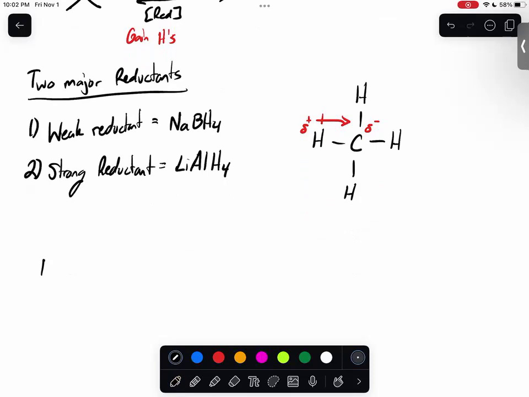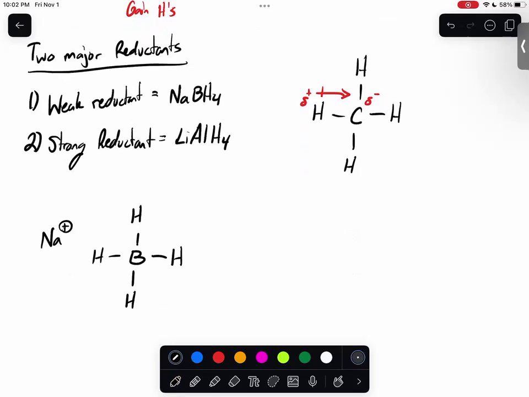If we look at something like sodium borohydride, we have that sodium with a positive charge. Then we have our boron connected to these hydrogens. But in the case of boron, it's actually less electronegative than hydrogen. So the dipole has now switched directions, where in the boron-hydrogen bond, the hydrogen takes the partial negative and the boron takes a partial positive.